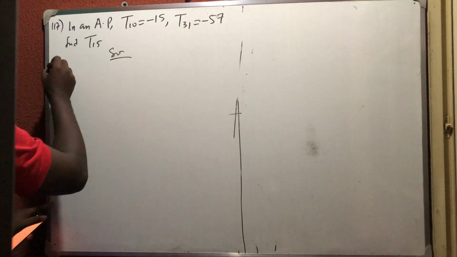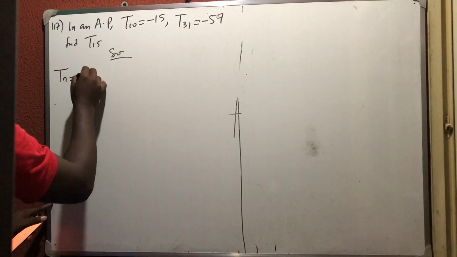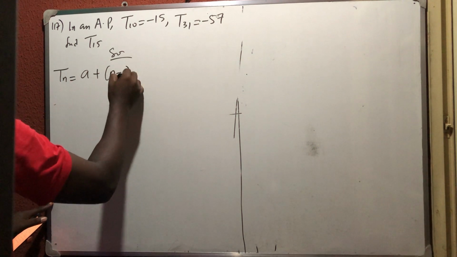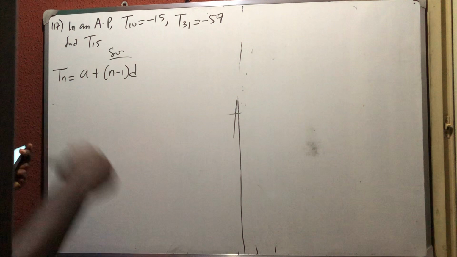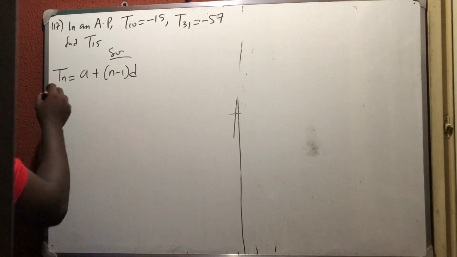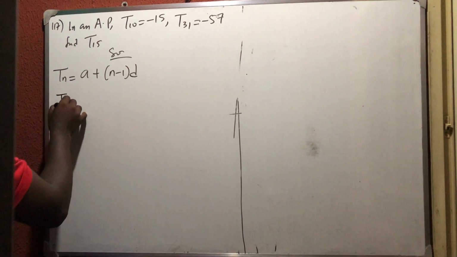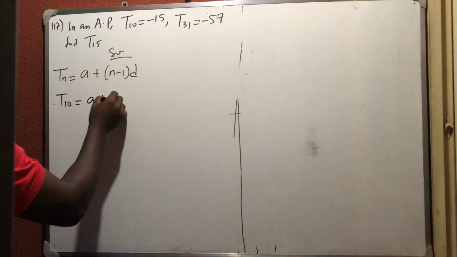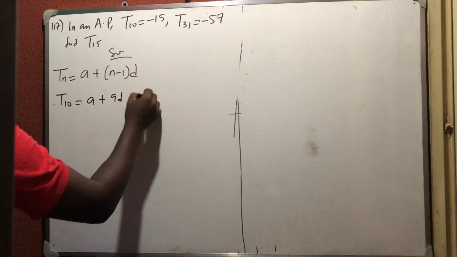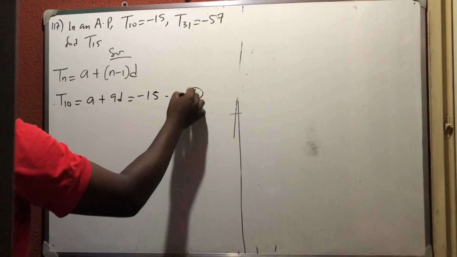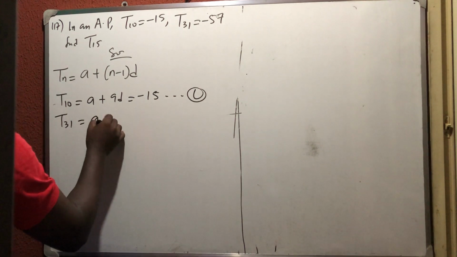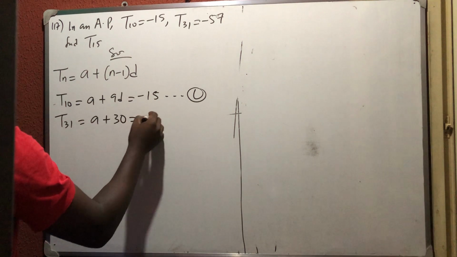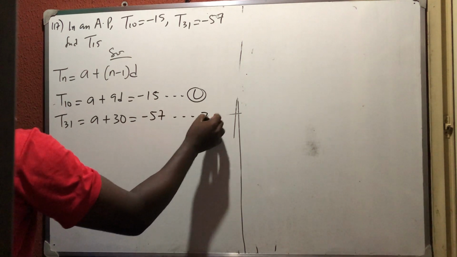Now, the formula says Tn is equal to a plus (n minus 1) d. That is the formula for the nth term of an arithmetic progression. So therefore, T10 is a plus 9d, and that is equal to minus 15, equation 1. T31 is a plus 30d, and that is equal to minus 57, equation 2.